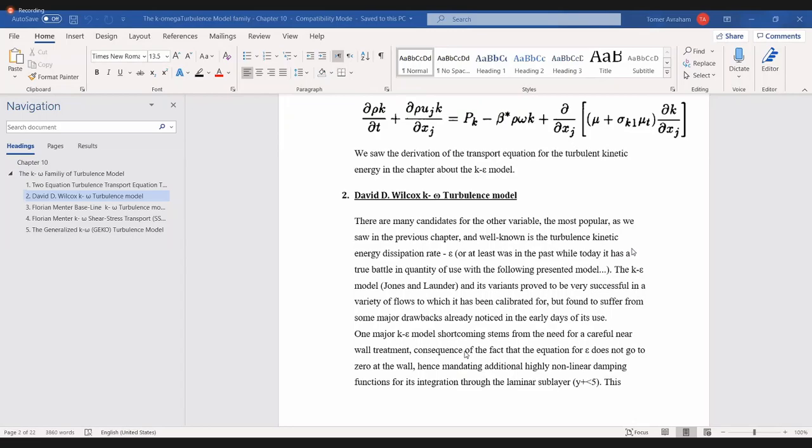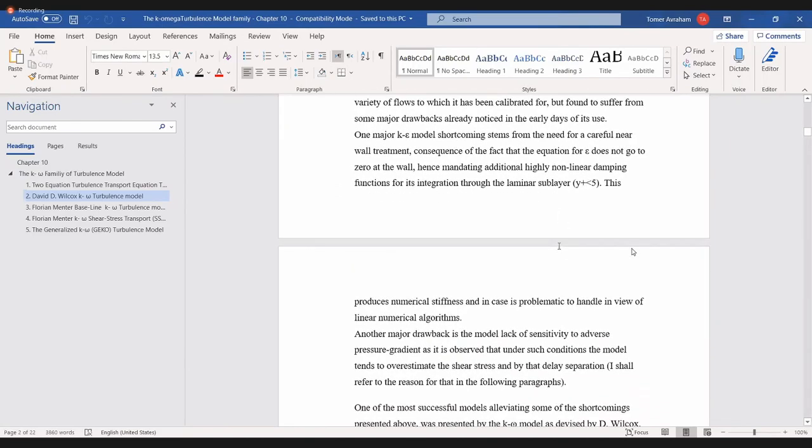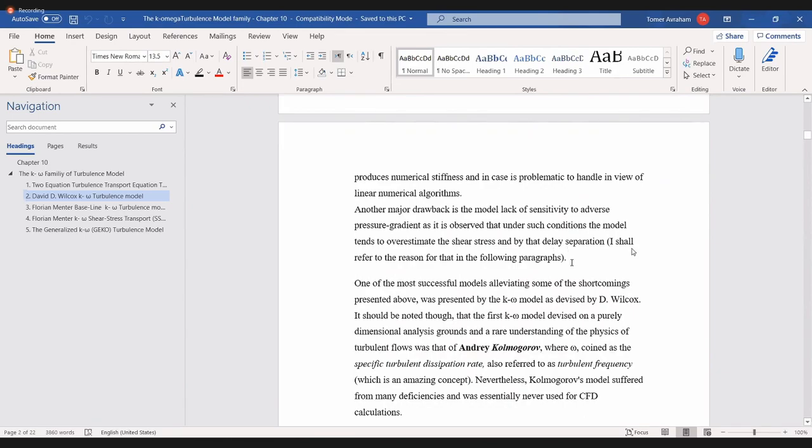It used to get strange results from the inlet, I mean the omega equation, and therefore you wouldn't get the right eddy viscosity. So the shortcoming of the K omega of Wilcox was the sensitivity to free flow conditions from the inlet.